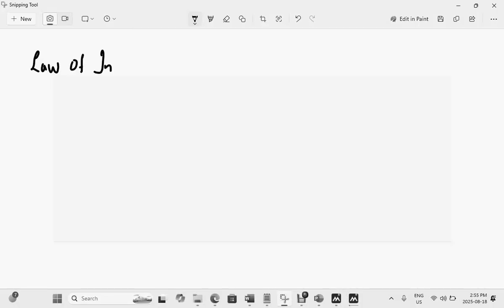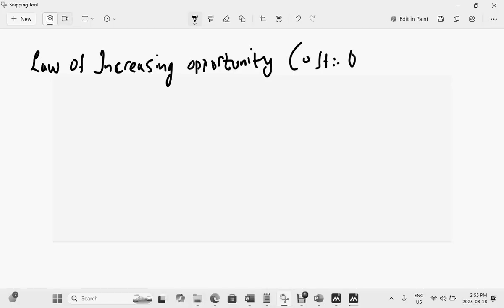So, the law of increasing opportunity cost has to do with the fact that opportunity cost goes up as the production goes up.